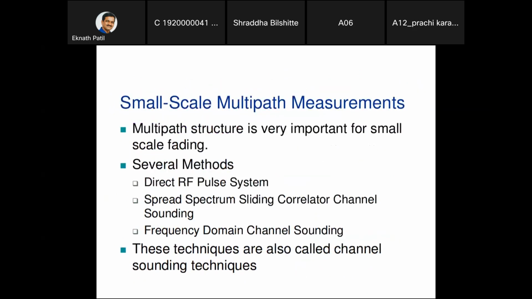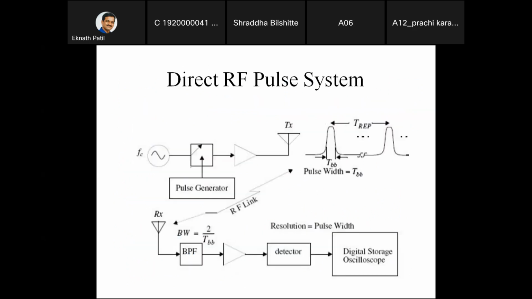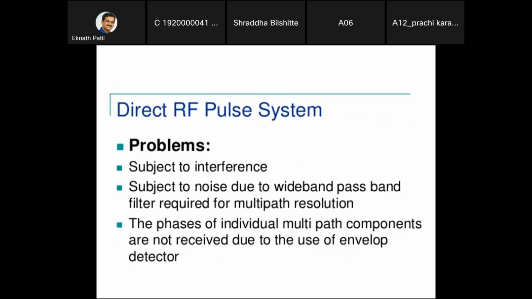After that, the small scale multipath measurements, and 3 different types are there: the direct pulse system and the spread spectrum system channel. And the third one we have not yet discussed. Okay, so these are the things we have discussed. I am going to send this PPT on your WhatsApp group, and you go through it. Whatever we have taken is important, and we will stop here. Okay.